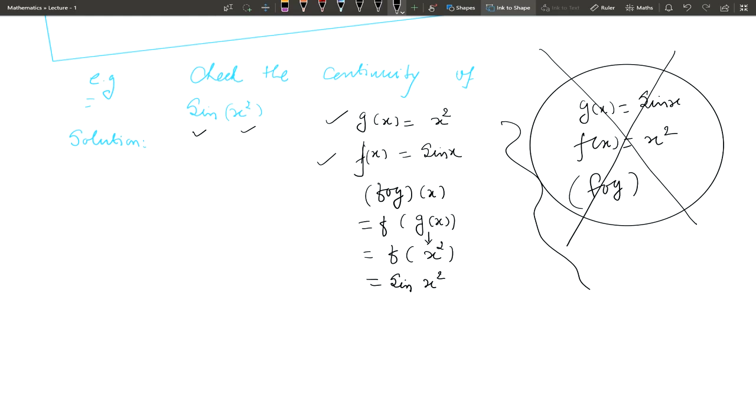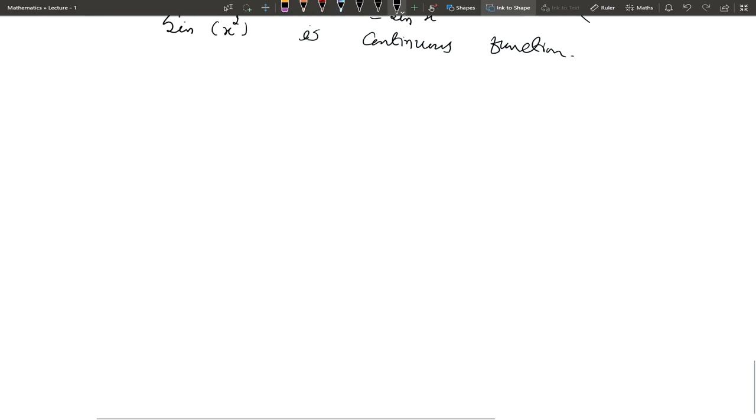Now by definition of f of x equal to sine x, f of x square is sine of x square, and the composite of two continuous functions is continuous, therefore sine x square is a continuous function. So in future we will discuss more examples of composite functions, continuity of composite functions.